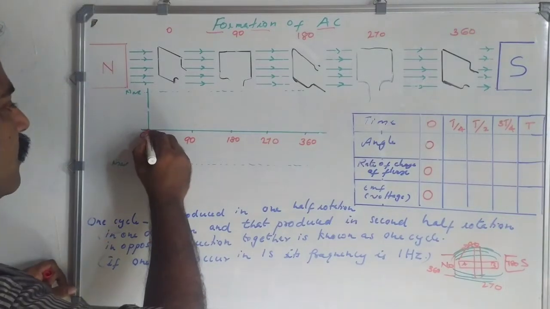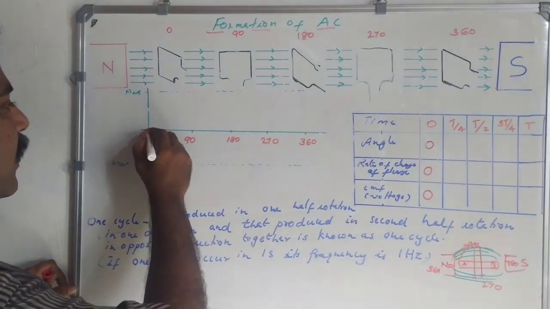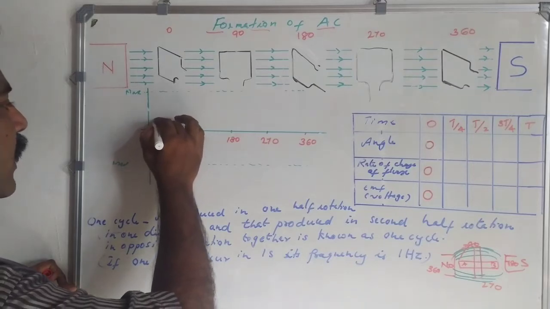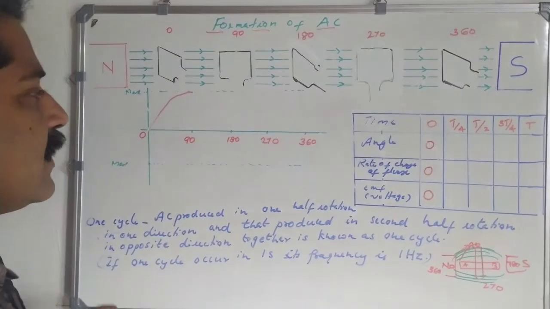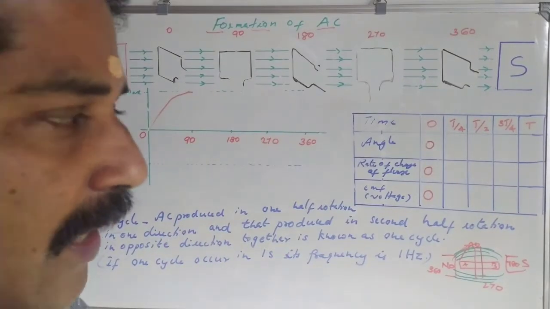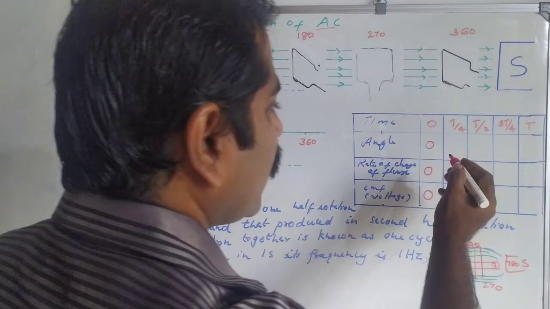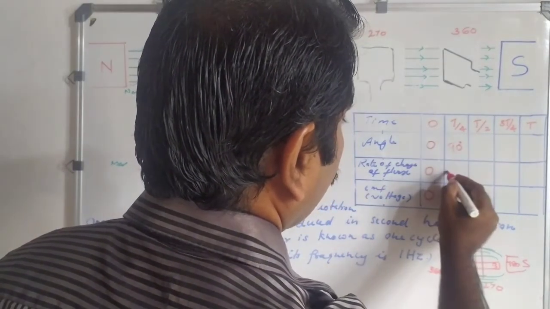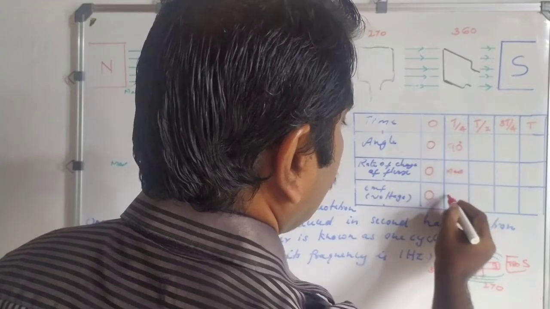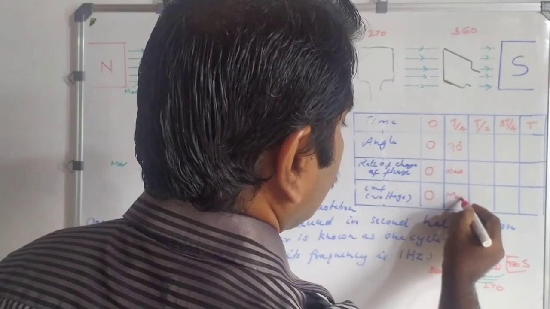So when it rotates from 0 to 90, slowly the number of flux lines broken increases and at 90 degrees it produces maximum EMF. Now the armature reaches 90 degrees, the number of flux lines broken will be maximum and the induced EMF also becomes maximum.